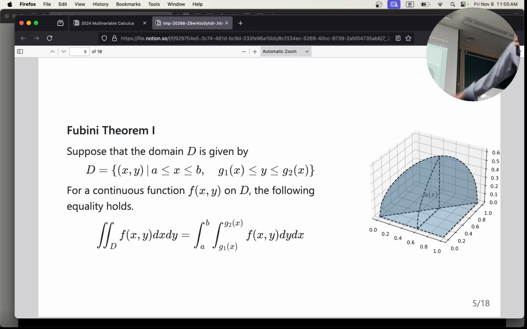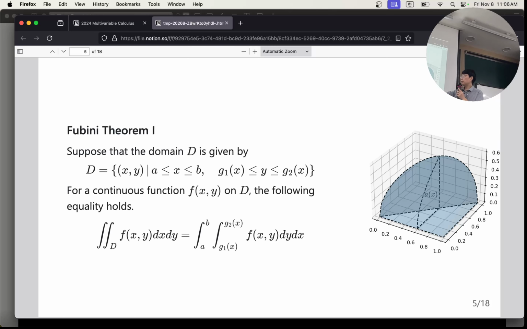So these pictures are actually the same picture of the example. What's the domain? The domain says when x ranges from 0 to 1, y ranges from 0 to x. So the y range depends on the value of x.